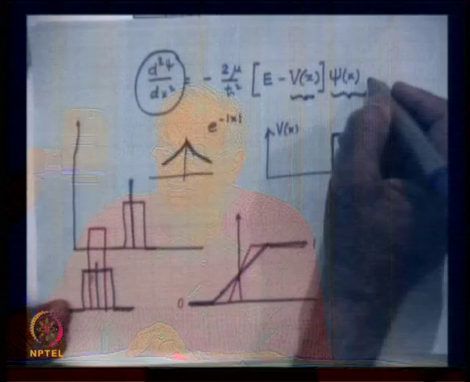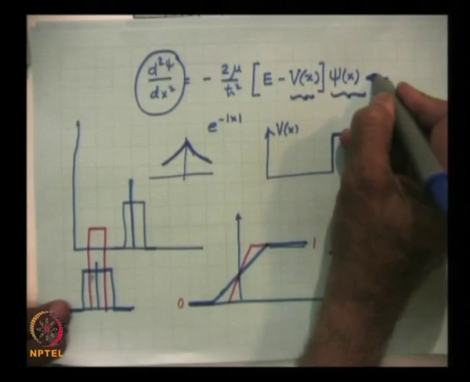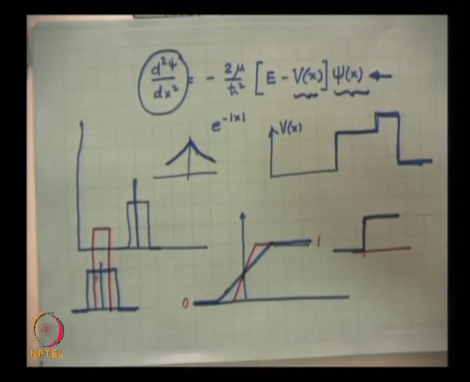So, the very fact that psi of x and d psi by dx are continuous is a consequence of the fact that psi of x satisfies a second order differential equation.